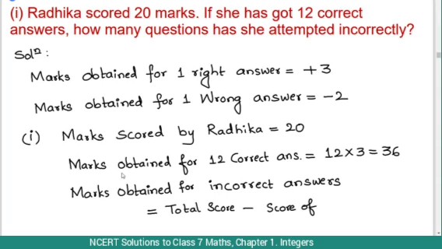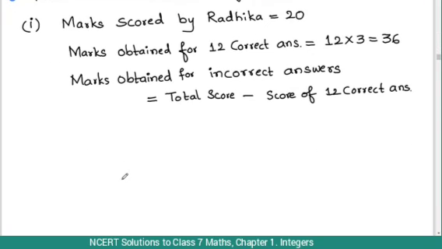Total score is 20 and score of 12 correct answers is 36. 20 minus 36 is equal to minus 16.